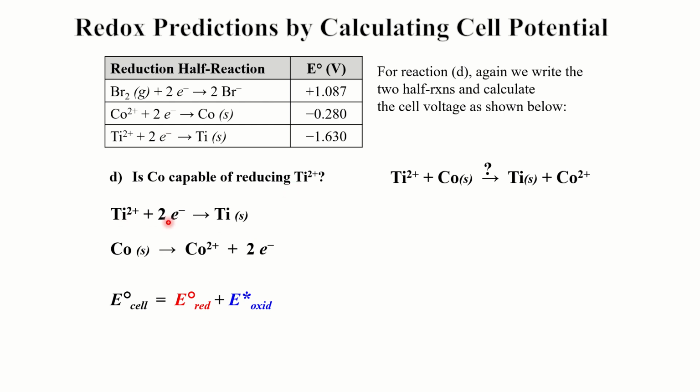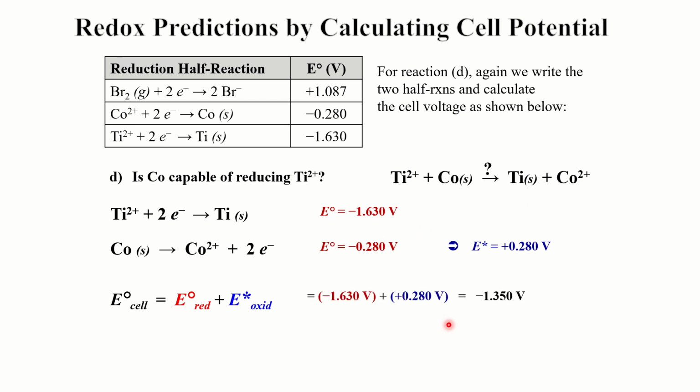So Ti2+ plus 2e- forms Ti, and Co forms Co2+ plus 2e-. We can see that the titanium half reaction is unchanged from what's in the table, so we have a reduction potential of negative 1.630 volts. The cobalt half reaction is again being flipped relative to what's in the table, so this is an oxidation half reaction, so I should flip the value there, giving me an oxidation potential of plus 0.280 volts.